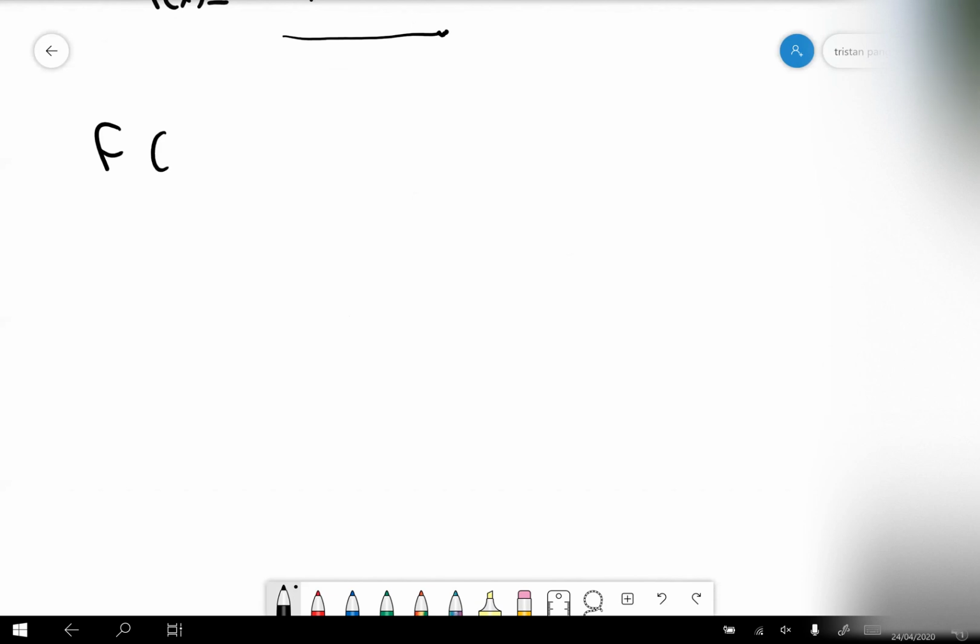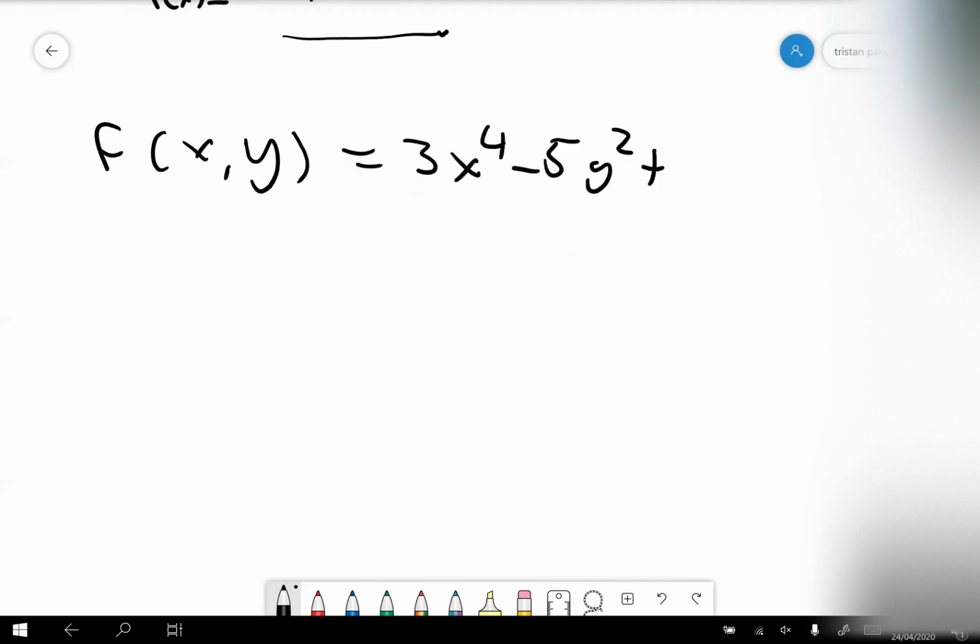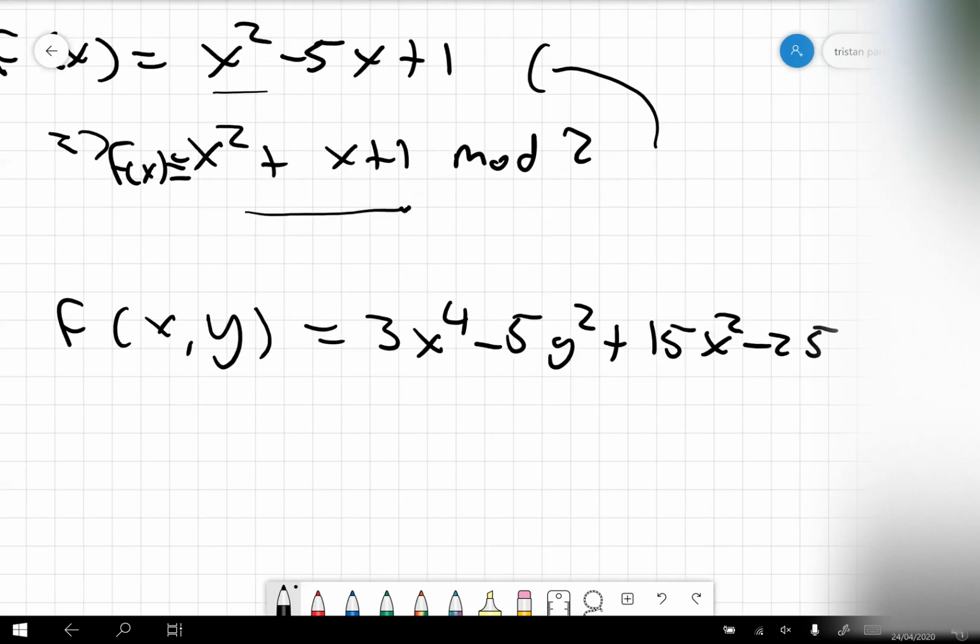So if we take this polynomial, 3x^4 minus 5y^2 plus 15x^2 minus 25, then I claim that this has no rational solutions. And we can't show it the normal way.